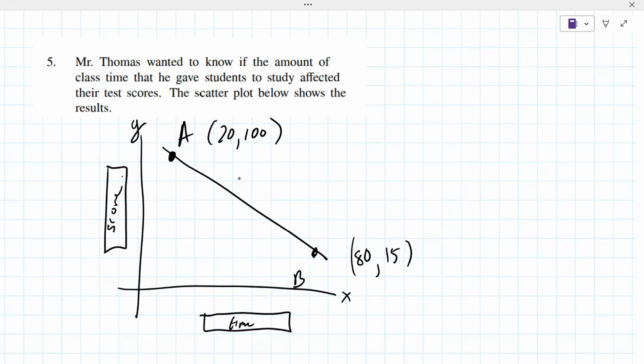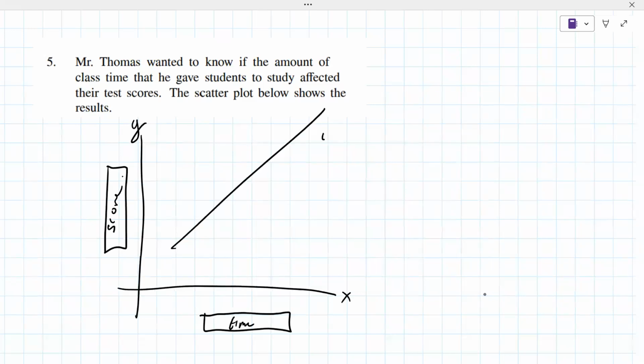Is that what you meant? Oh, okay, I see. Yeah, so it would be a positive thing. It's a positive correlation, so it's going to go up and to the right. That's where I was looking for those words, up and to the right.